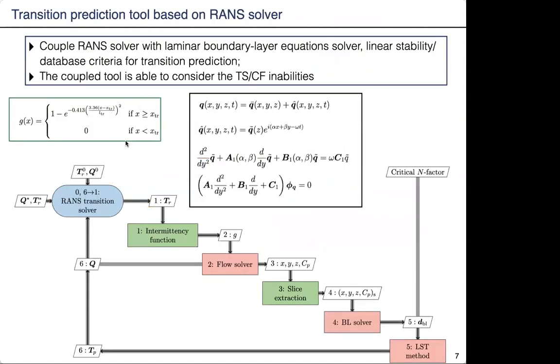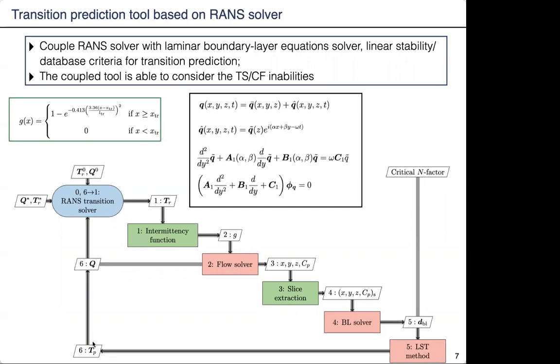Here, let me first briefly introduce our transition prediction framework. The main idea is to couple the flow solver with the transition module. The transition module includes the laminar boundary layer code and the stability analysis. The transition module computes the transition locations.